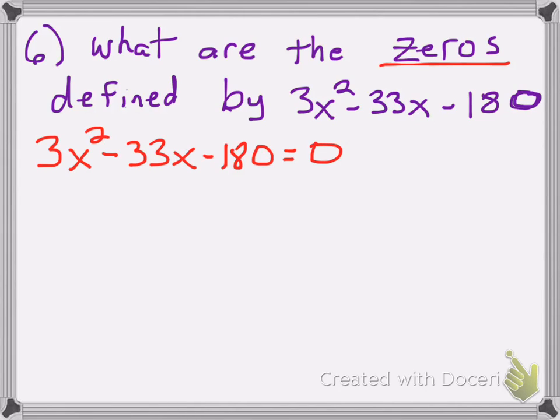I'm finding zeros, so it makes sense to set it equal to 0. But there's one problem right here. The number in front of x squared is not 1. So we need to probably deal with that. It's 3.